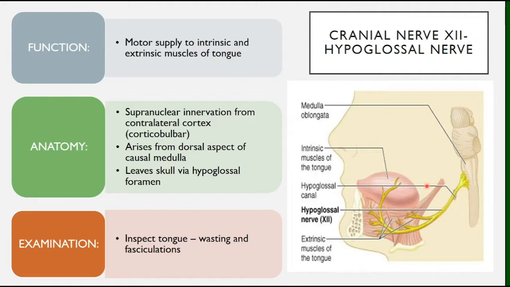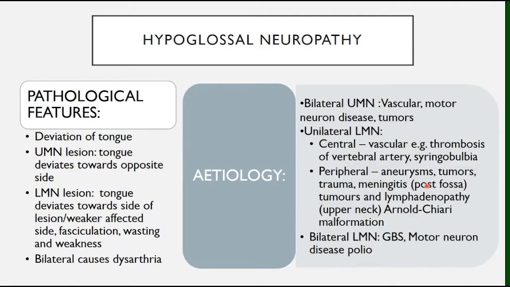And with lower motor, it would deviate to the side of the lesion because it gets pushed away from the stronger side. But in the other case, because it's crossed, the lesion would be on the opposite side. And then with lower motor, you get fasciculations and wasting of the tongue.